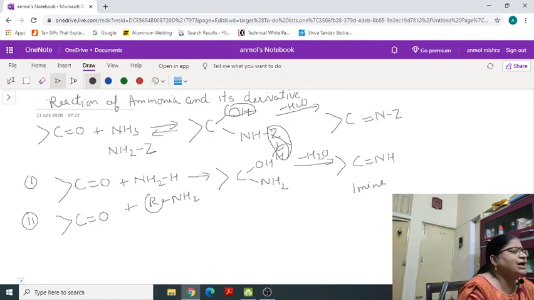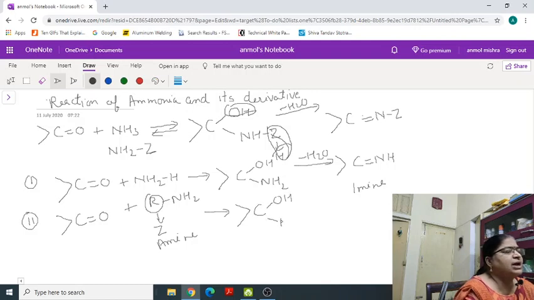Now this R here is Z. So it will form, this is called amines. If it is CH3, so it will be methylamine. So it will form the addition product OH and NHR.